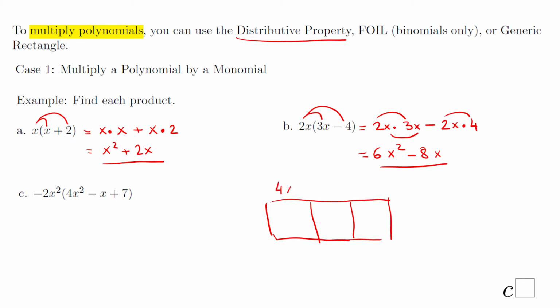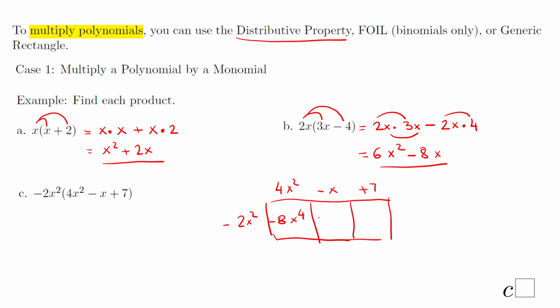Because I have 4x squared minus x plus 7, and here I have negative 2x squared. So I'm going to fill in the rectangle. In this first box, I'm going to have the product of negative 2x squared and 4x squared. Negative 2 times 4 is negative 8, and x squared times x squared is x to the 4 power.